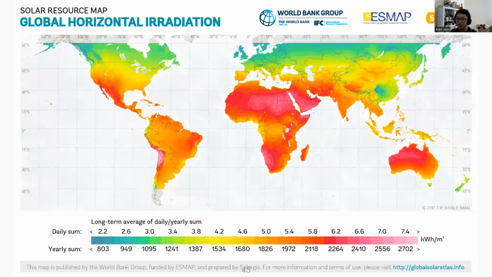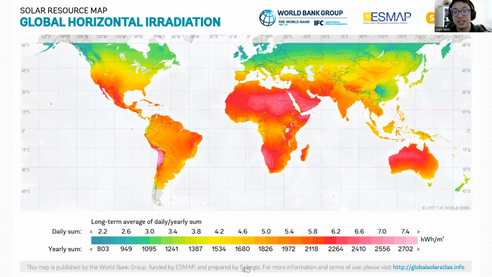So worldwide, the picture looks something like this. Not too surprising for folks, I hope. You can see that relative to the US, there are places that have a lot more of this resource. You can see the scale on the bottom.